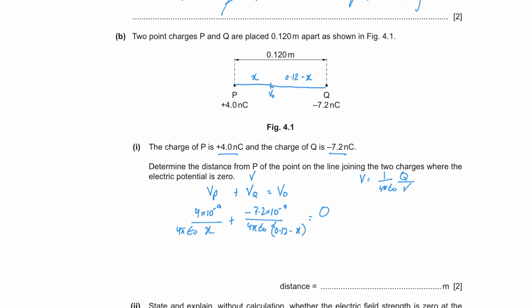The potential at that point is 0. The combined potential due to P and Q is 0 at distance x from P.